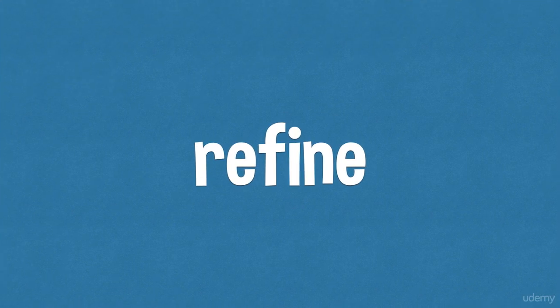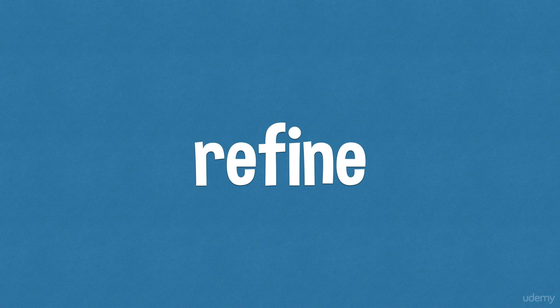The next word, refine. You refine a process, or an idea, or a skill. And if you refine those things, you make small changes that make the process, idea, or skill better.